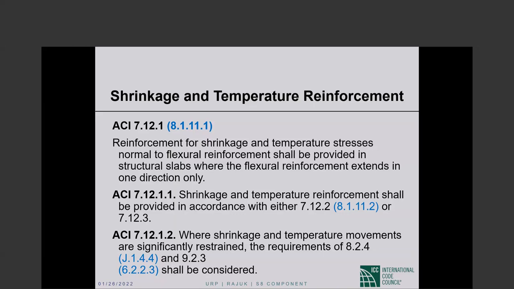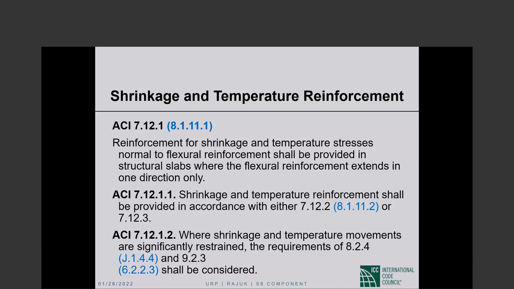Where shrinkage and temperature movements are significantly restrained, the requirements are a different story. Then you have to consider the stresses that can be caused by the restraint. Now it's a substantially different story. So the shrinkage and temperature reinforcement is fine when the shrinkage can take place.